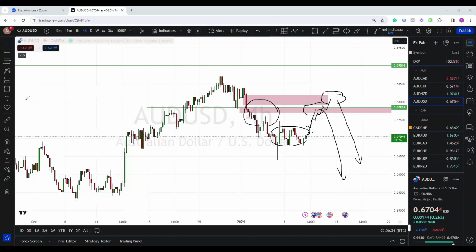The trade idea is still the same for the scalper, the short-term trader, the day trader, or for you as a swing trader. It's just a matter of the time frame that you are going to enter.